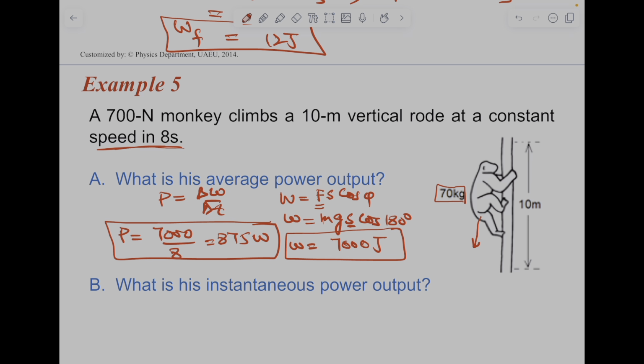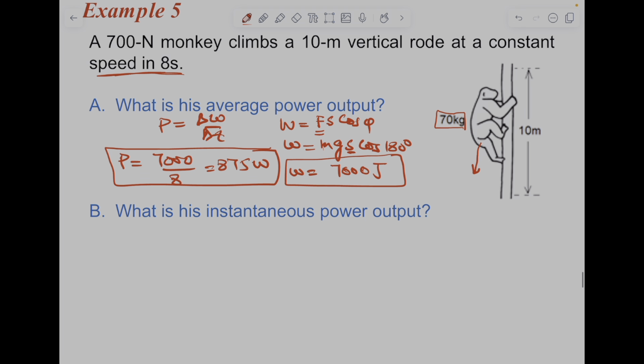Okay, so what is the instantaneous power? For instantaneous power, the power is F dot V. Your V is distance divided by time, which is 10 divided by 8, which equals 1.25 meter per second.